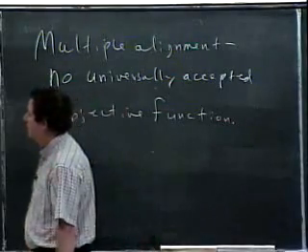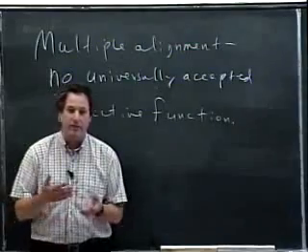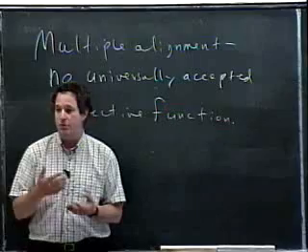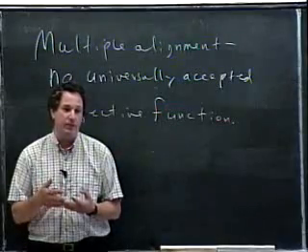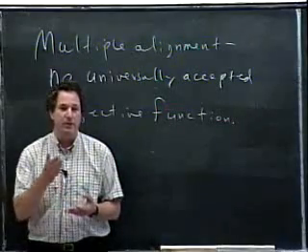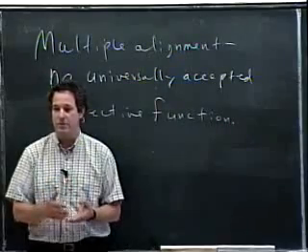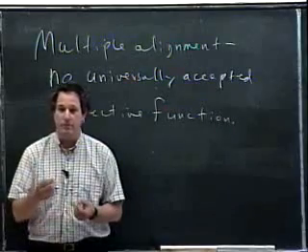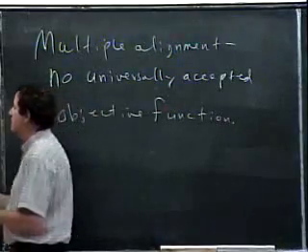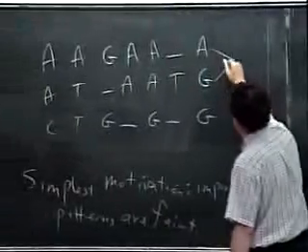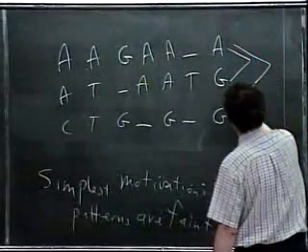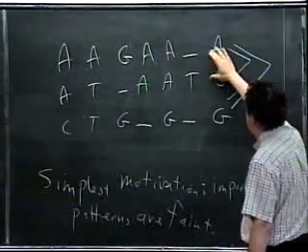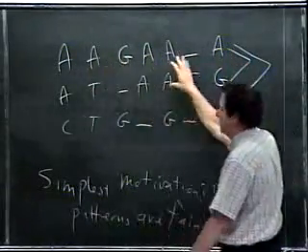But it's this. Since we have a criteria for evaluating the goodness of two sequences when they're aligned, and that criteria in its simplest form is the number of matches minus the number of mismatches minus the number of spaces, why don't we just take these, when we have a multiple alignment, two at a time, and we'll just say, what does this alignment look like as a two-sequence alignment?